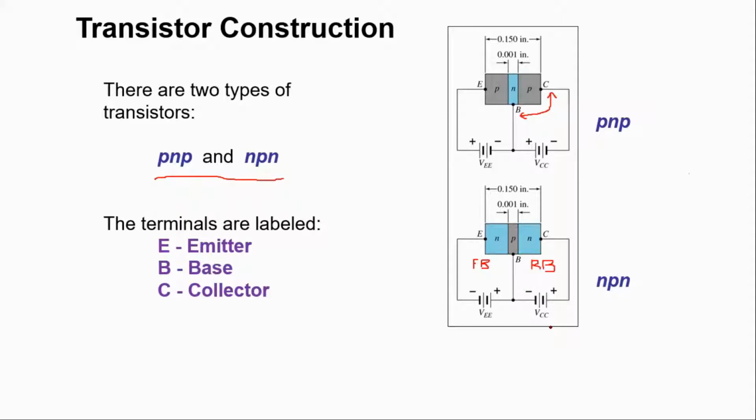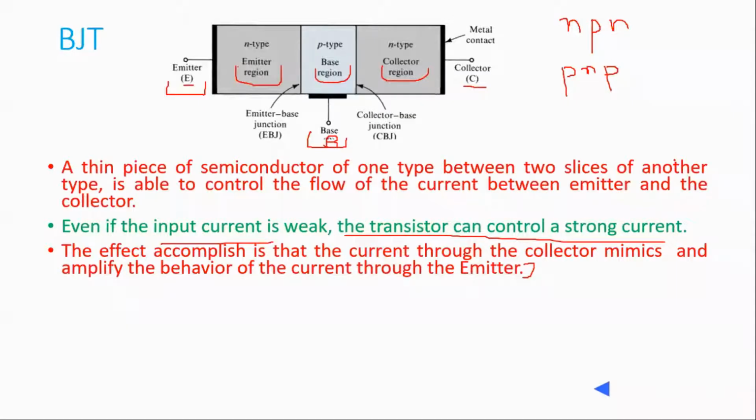Till now, what have we discussed? We have discussed the history of the vacuum tube and the history of the transistor invention. Then we discussed that the transistor is a three-terminal device with two junctions. It can be of two types, PNP or NPN, and one junction is forward biased, the other is reverse biased.